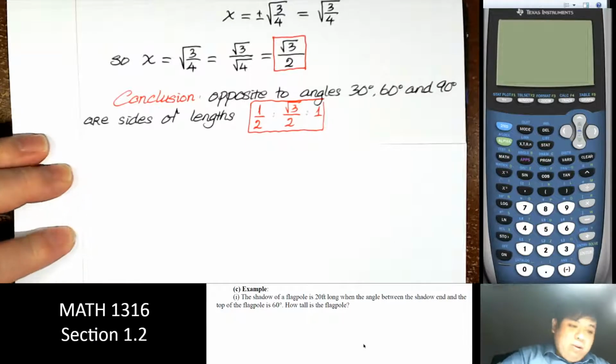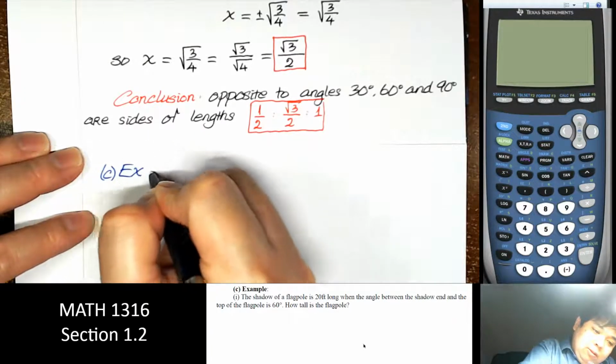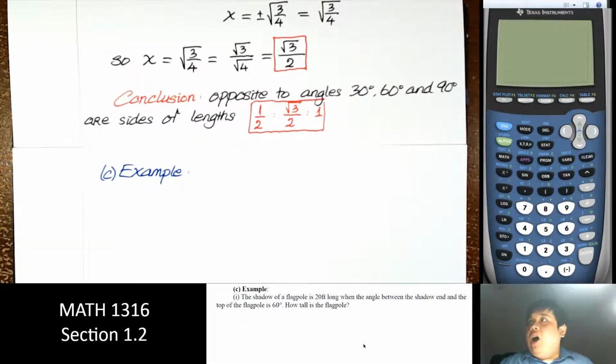Now we go to examples. The shadow of a flagpole is 20 feet long.